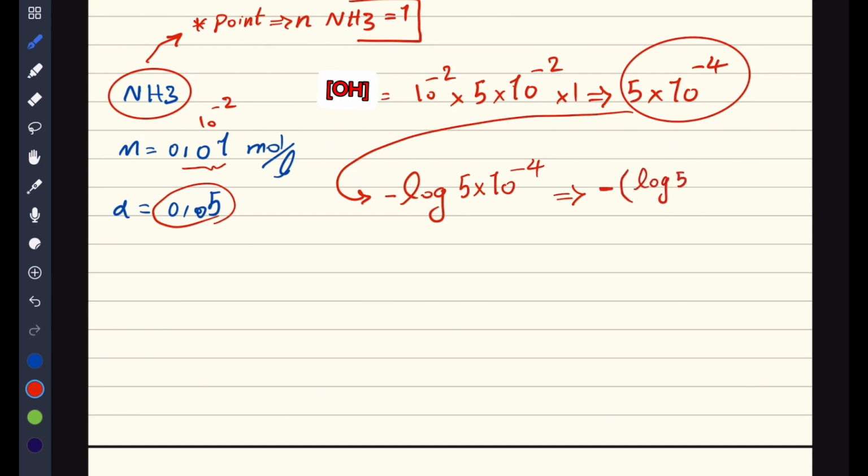According to the previous video, the logarithm of the number 5 is 0.7, and the logarithm of 10 to the power of negative 4 is negative 4. The sum of these two numbers is equal to negative 3.3. If it's multiplied by the negative, the result will be positive.